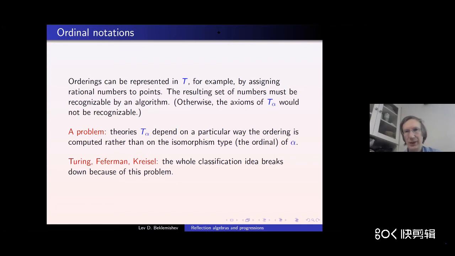Given a countable well-ordering, embed this well-ordering into the rational numbers. One can find a suitable subset of rationals which will be isomorphic to the given well-ordering with the standard ordering of rationals.